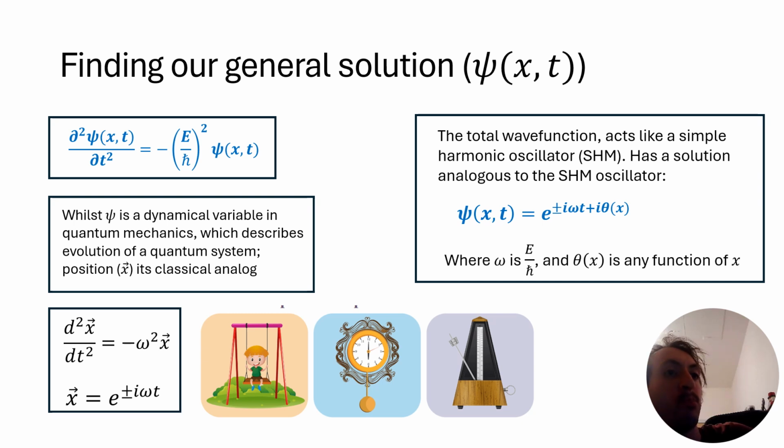So I just summarised it here with what omega and theta are. So this is a fairly general solution. Now we're going to work out what theta is for a free particle, and essentially then understand what psi of x is. So if we break down psi of x and t into psi of t times psi of x, what psi of x would be for a free particle.